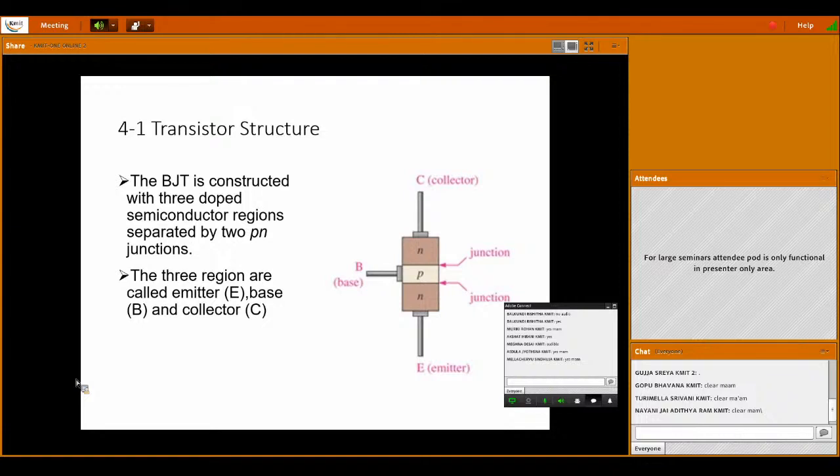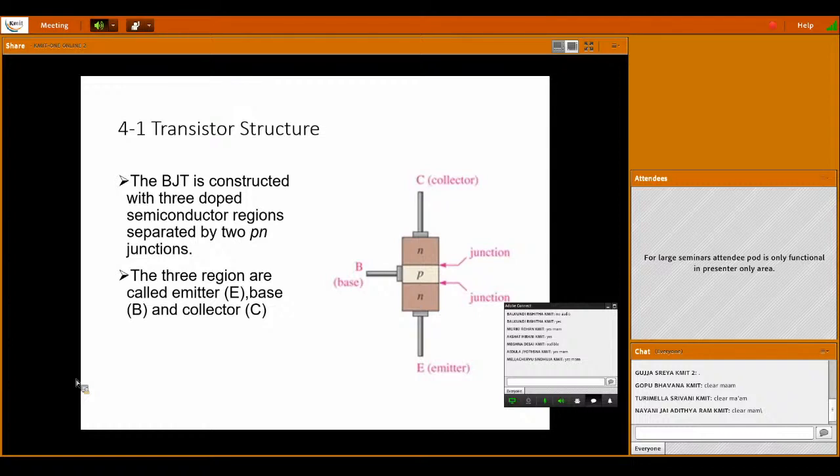Now, coming to the regions, we have to discuss the space occupied by each semiconductor. The collector occupies the highest region out of these semiconductor types.